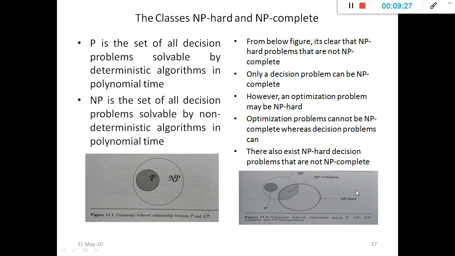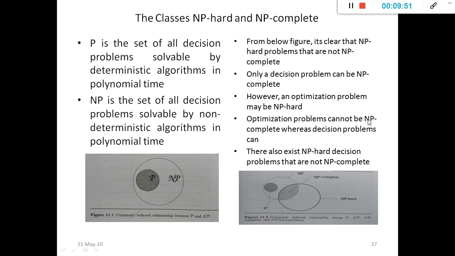Similarly, from the second figure, you will get the relationship between P, NP complete and NP hard. From the figure below, it is clear that there are NP hard problems that are not NP complete. Only a decision problem can be NP complete. However, an optimization problem may be NP hard.